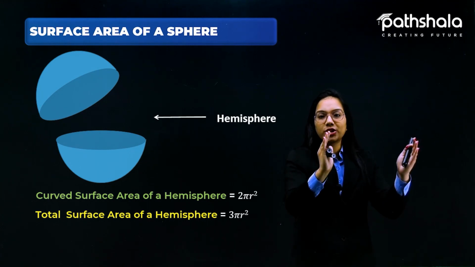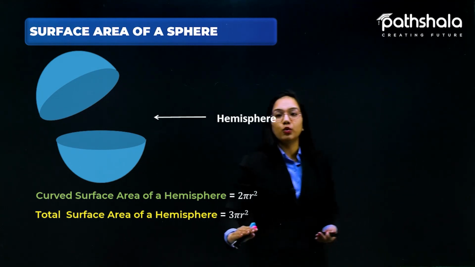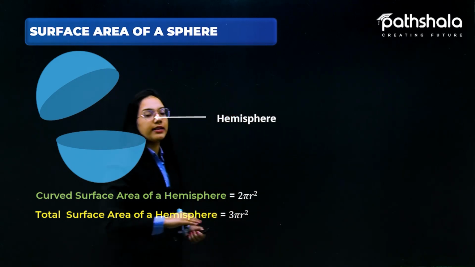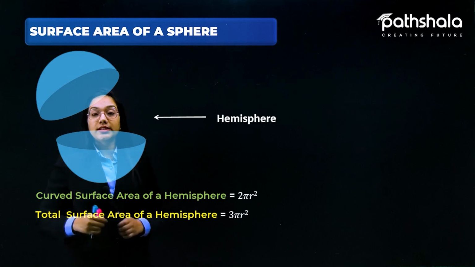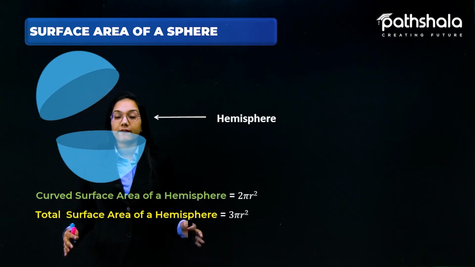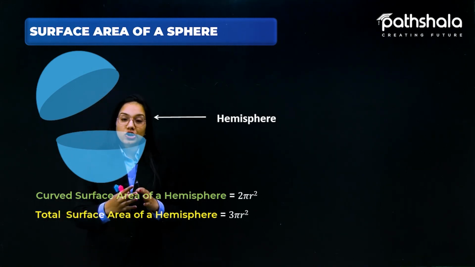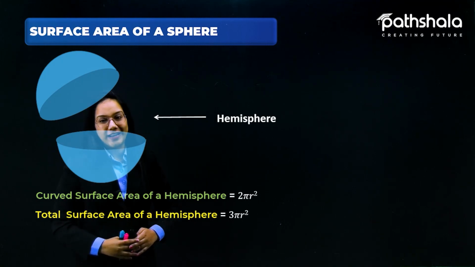So pi r square plus 2 pi r square is equal to 3 pi r square, and this is the total surface area of the hemisphere. So this is all about the surface area of the sphere and the hemisphere. Now let's do some problems related to these.